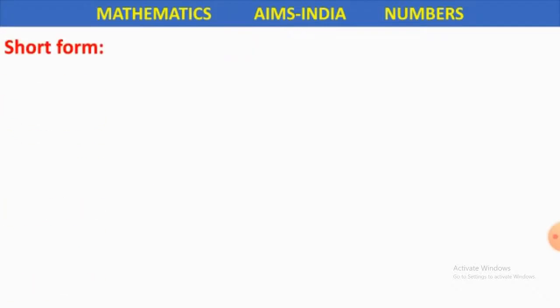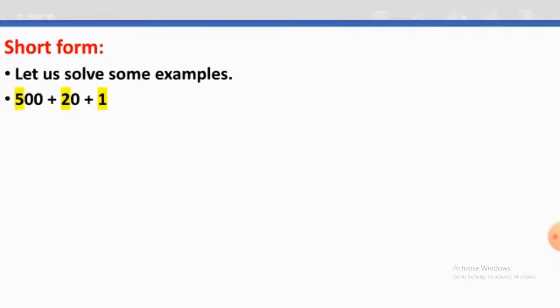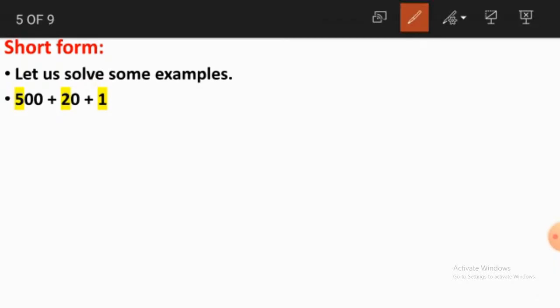Now let us solve some examples of short form. First question is 500 plus 20 plus 1. Write the short form of 500 plus 20 plus 1. In short form, children, you have to be careful of one thing. The first number given is 500, right?